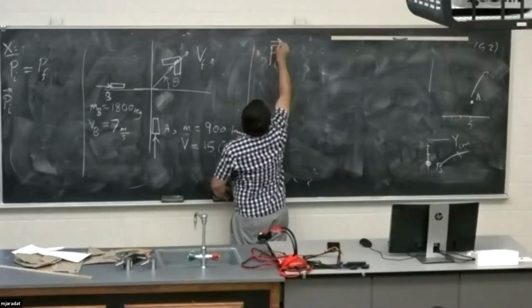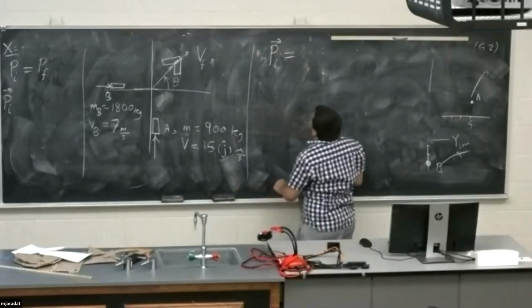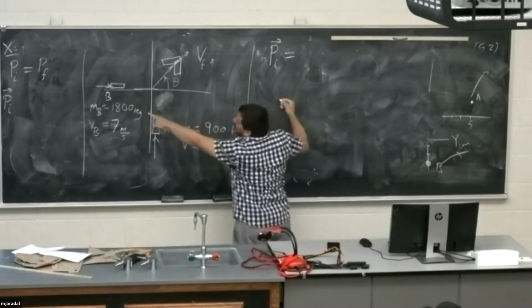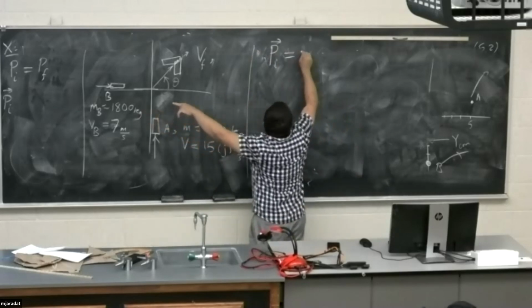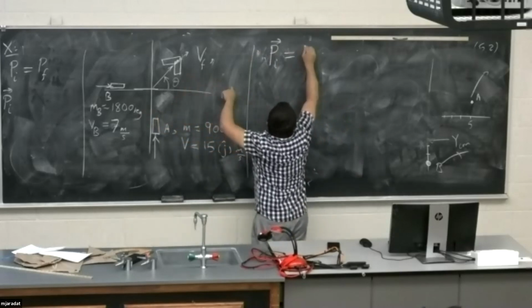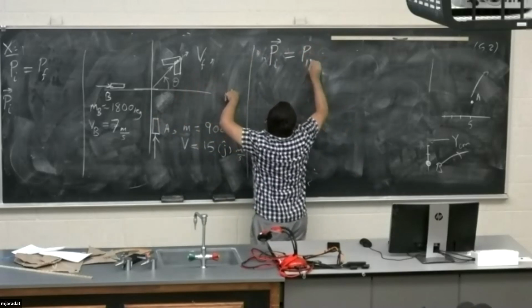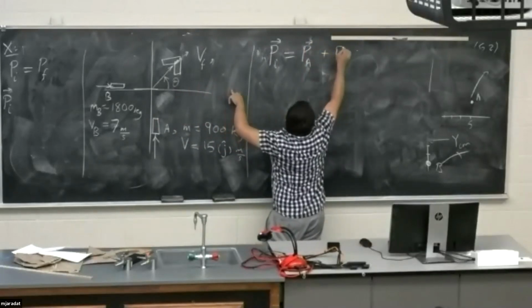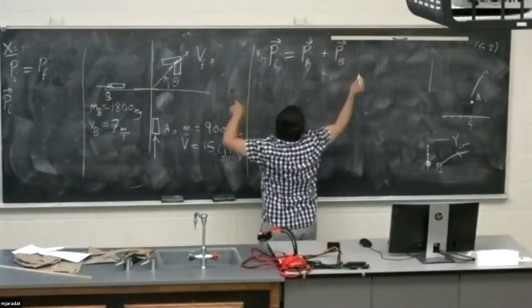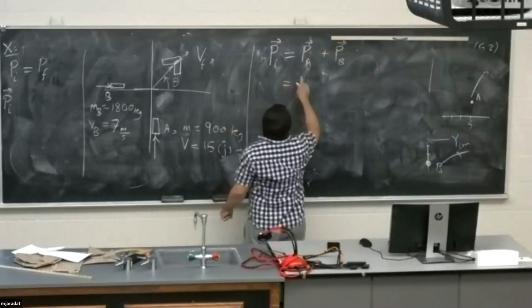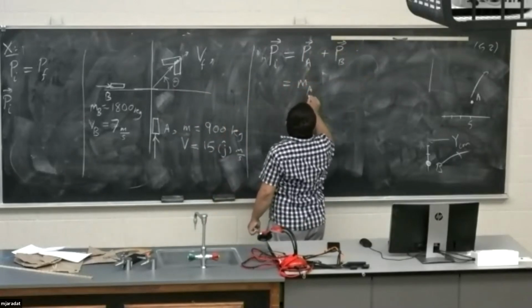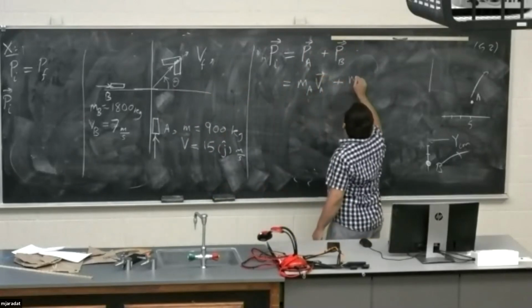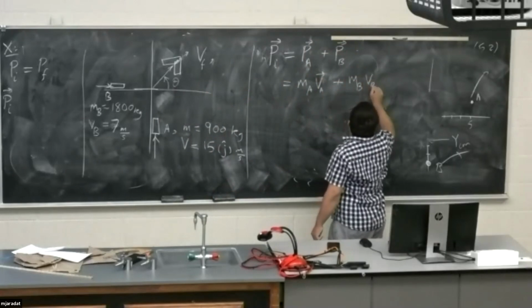P initially as a vector is equal to the momentum of A plus the momentum of B, which is equal to the mass of A multiplied by the velocity of A as a vector, plus the mass of B multiplied by the velocity of B as a vector.